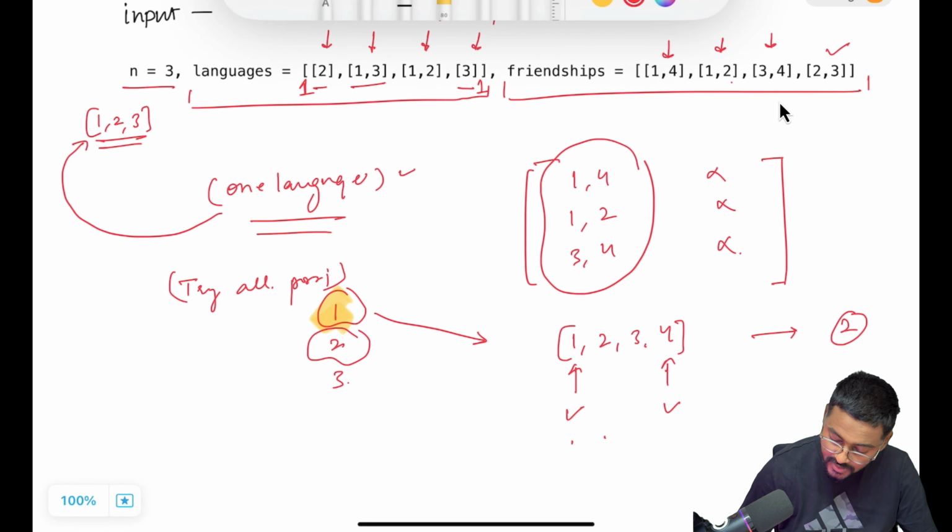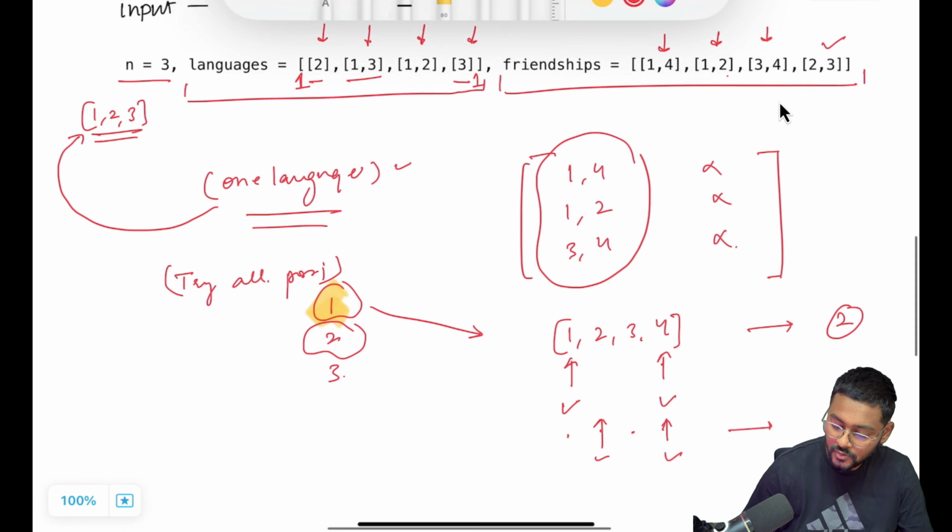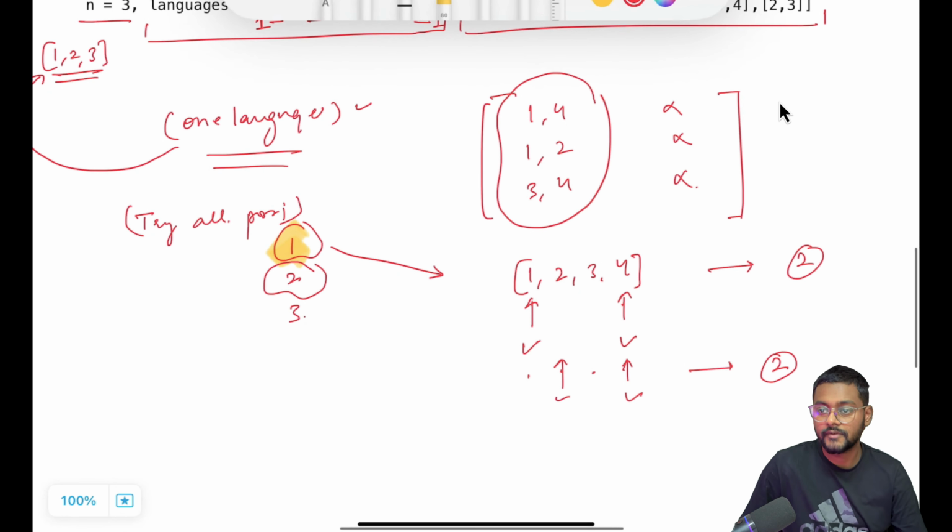So the second person does not know 2, it means I have to teach the second person the language 2. The third person already knows 2, and the fourth person does not know 2. So I will teach language 2 to person number 2 and person number 4. It means 2 persons I need to teach the language 2 if I'm choosing the language 2.